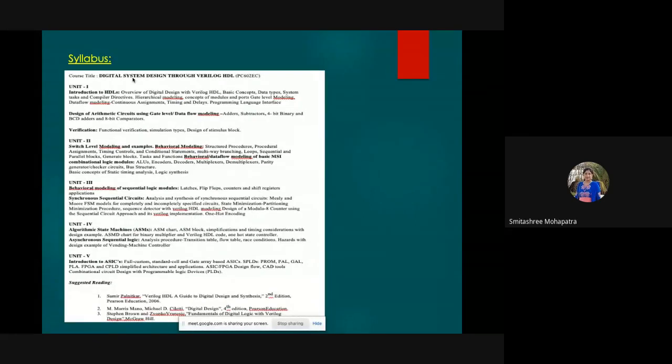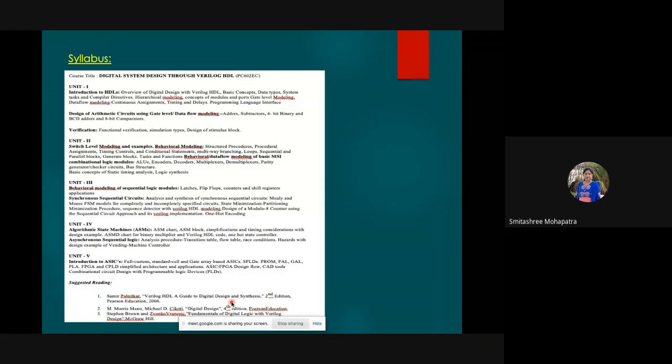So here you have the suggested reading, right? Mainly for the language, the standard book you need is by Samir Palnitkar, Verilog HDL: A Guide to Digital Design and Synthesis.